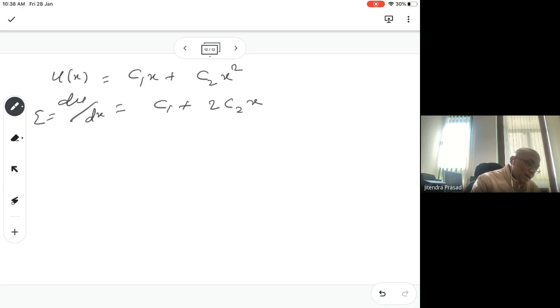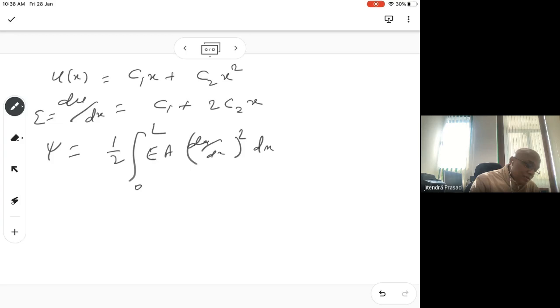Hence the strain energy psi is equal to half EA times the integral of du over dx squared dx, from 0 to L. And what do we get? Equal to half, integral from 0 to L.